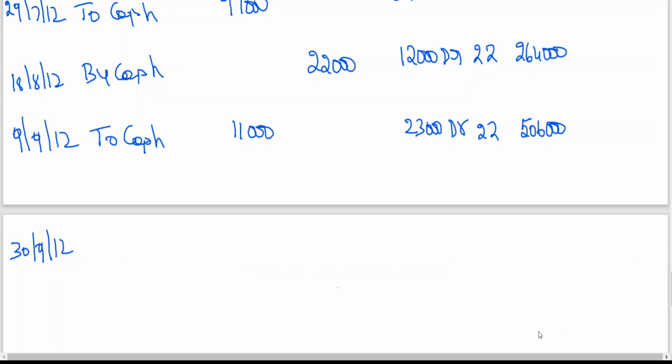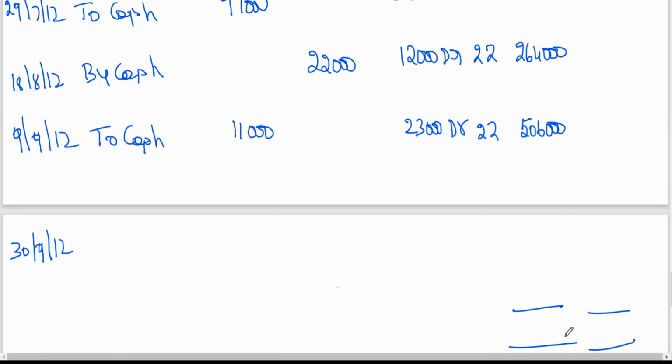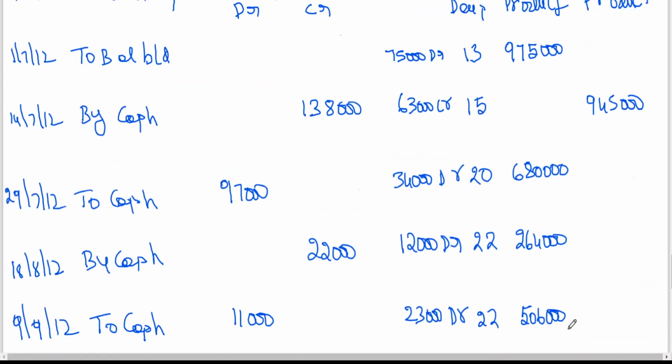Now after completion of this, what I need to do is find out the total product. Debit side total: 6,000 plus 6,80,000 plus 9,70,000.